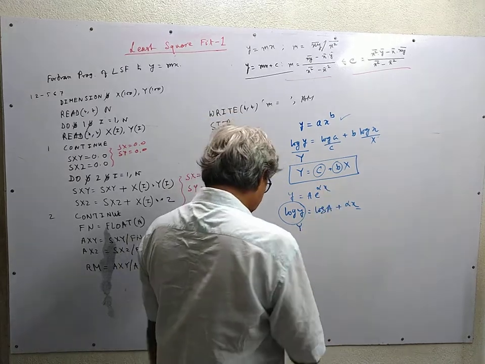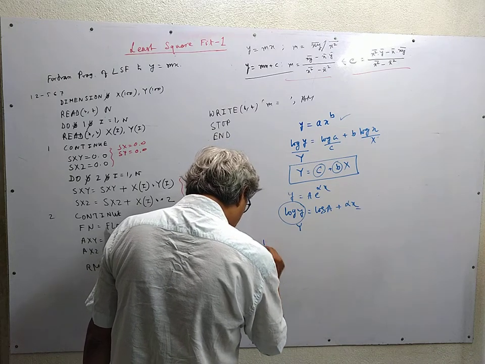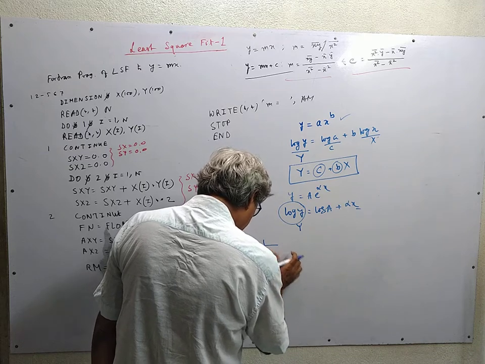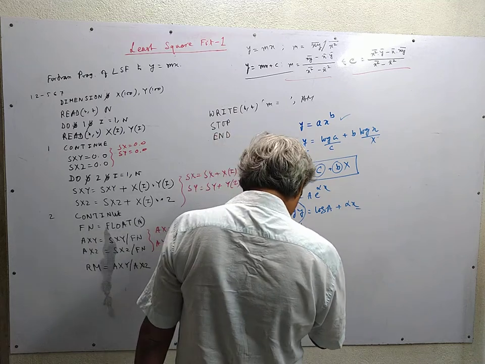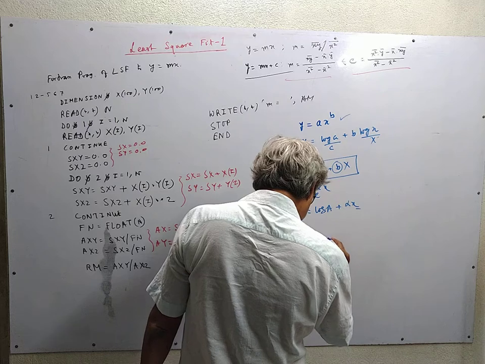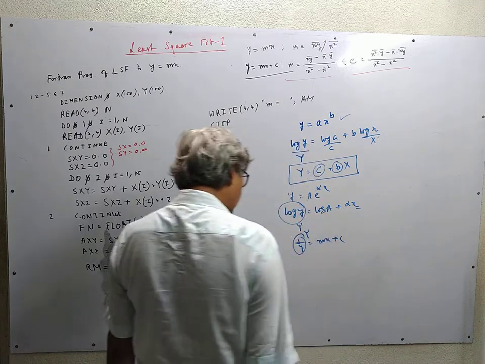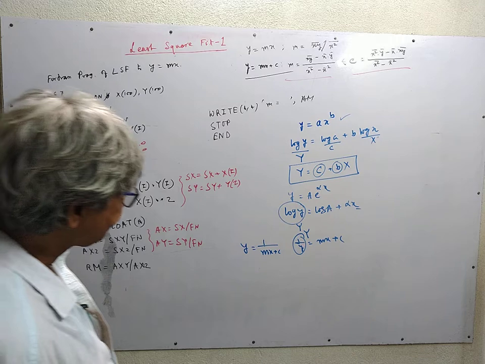This theory can also be applied to a form like this: y is equal to 1 by mx plus c. The curve is hyperbolic, and we write 1 by y is equal to mx plus c, and we use a modified variable capital Y as 1 by y and go for the linear least square fit.